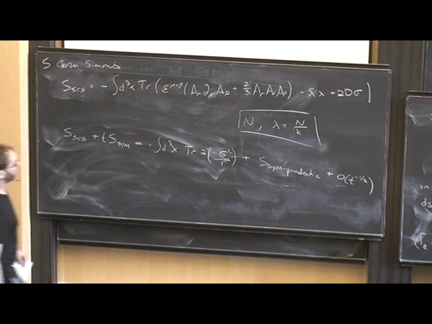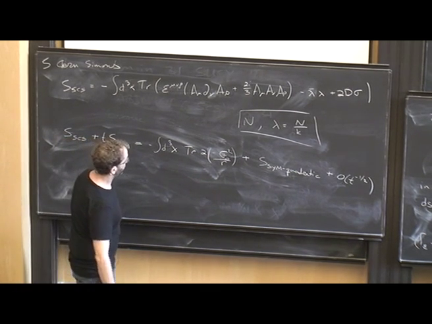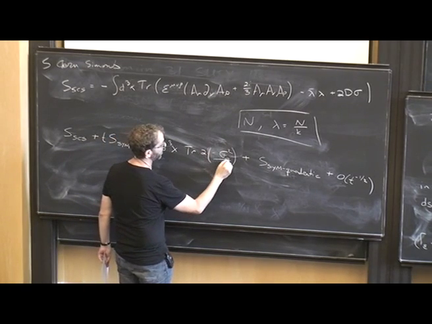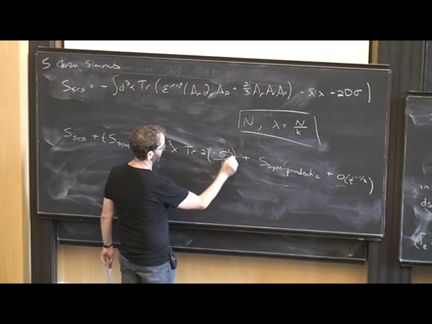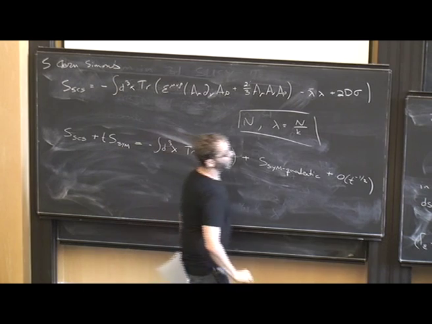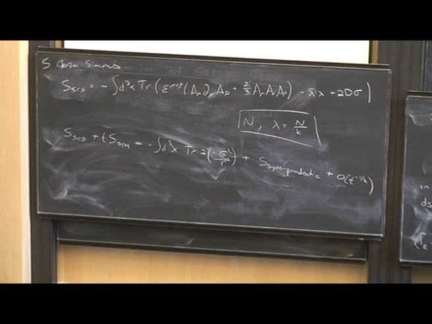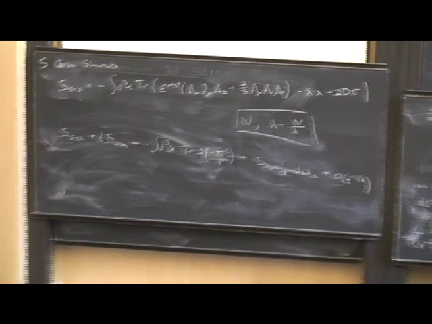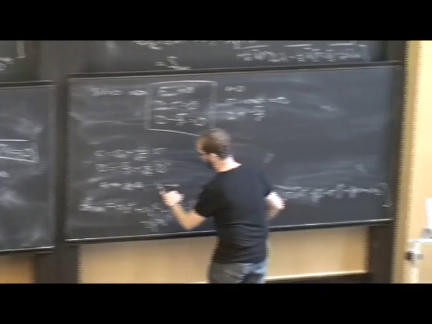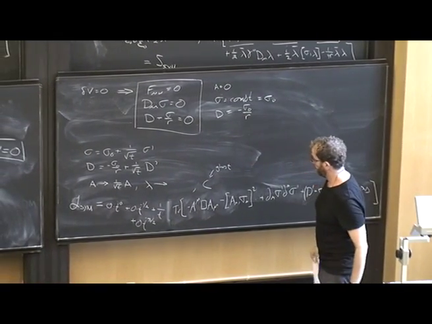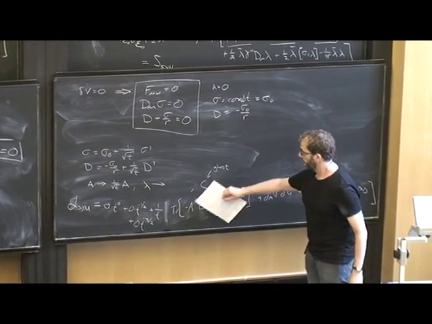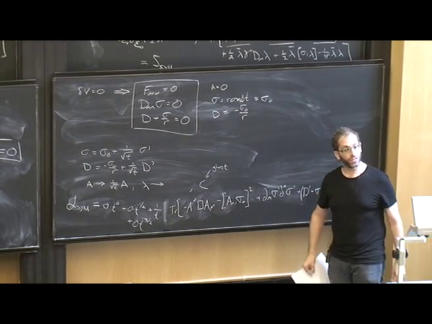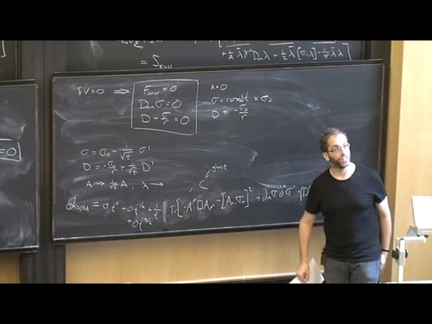So the answer is that when I do the calculation, I'm going to have sigma naught appearing here, this expression for sigma naught. All the fluctuating terms in the fields, sigma prime, D prime, A, lambda, lambda bar, and the ghost, will appear in my action, but only as a quadratic action.